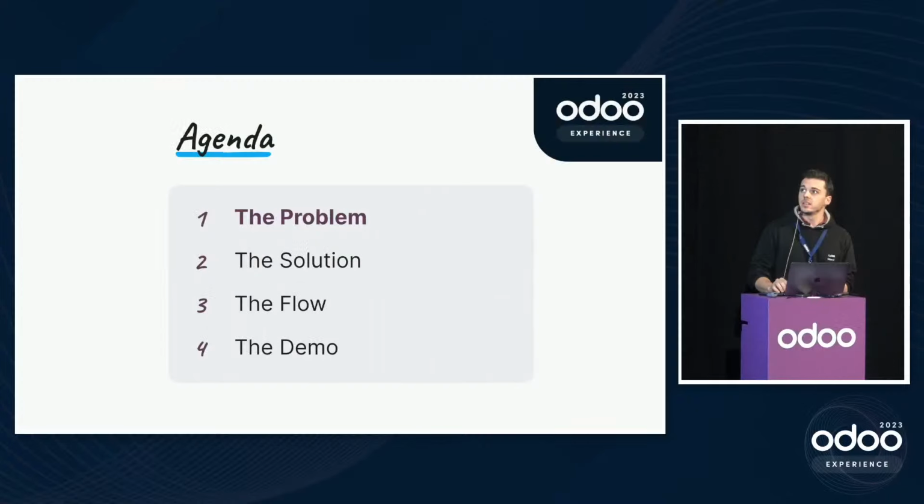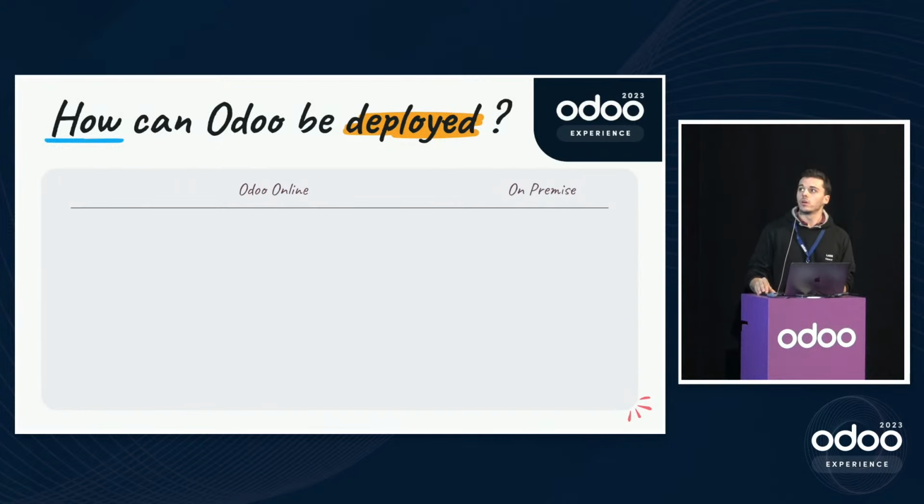Basically, we'll see the problem that Odoo.sh is trying to solve. As you probably all know, there are different ways to deploy Odoo and make it online: either with Odoo Online, or on premises through some partners.